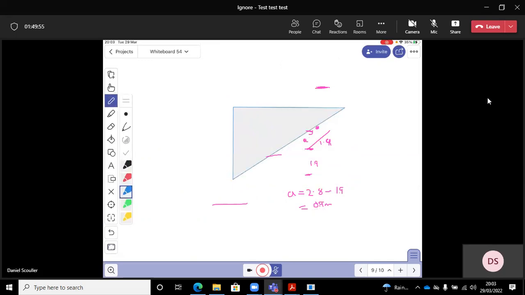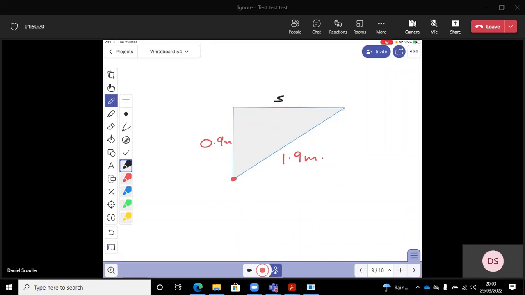Okay, so that right angle triangle we created, that side was 1.9 meters. That side was 0.9 meters. We are missing that side.